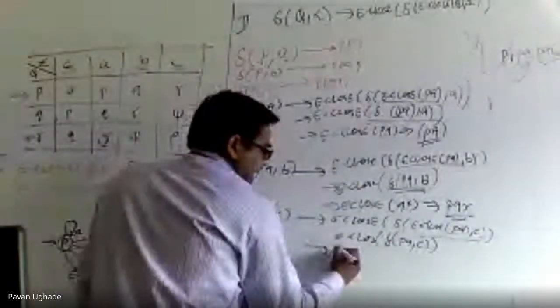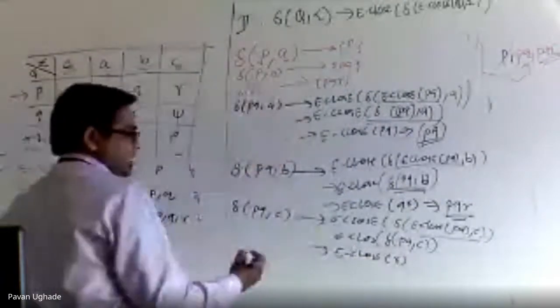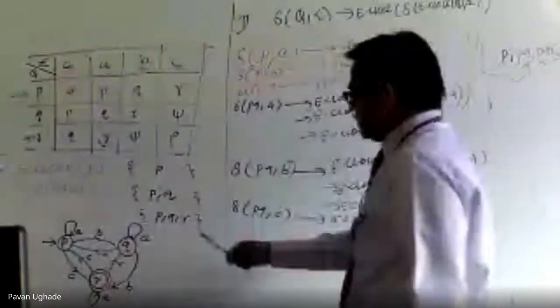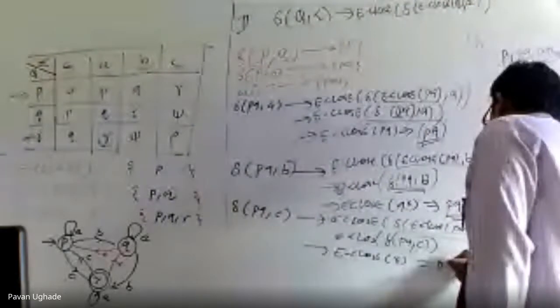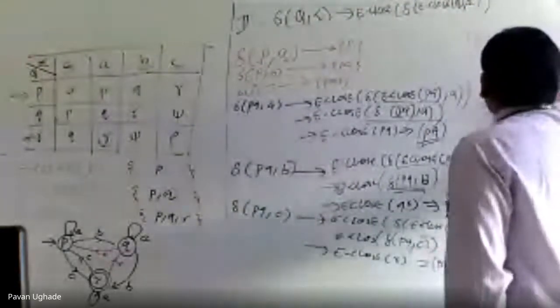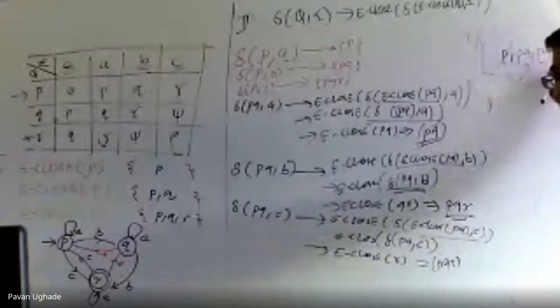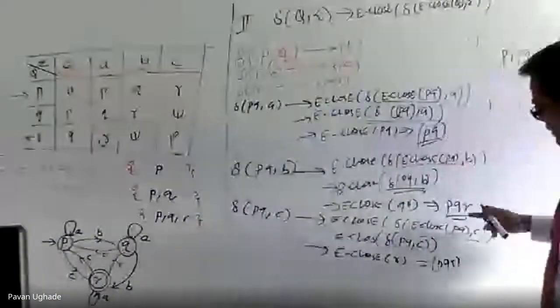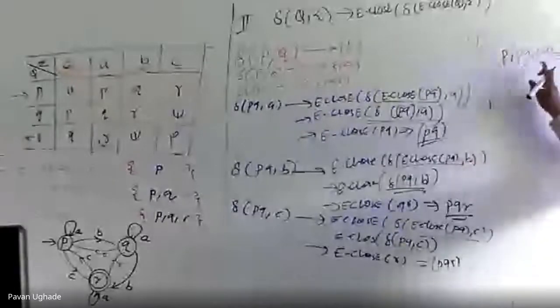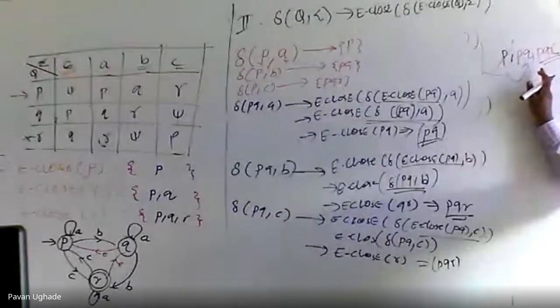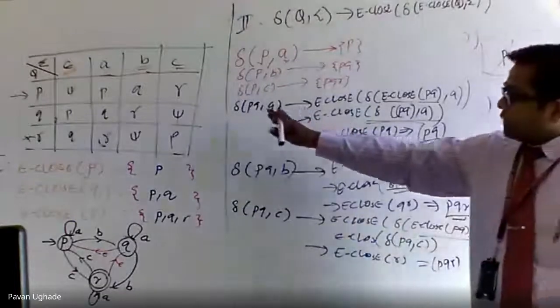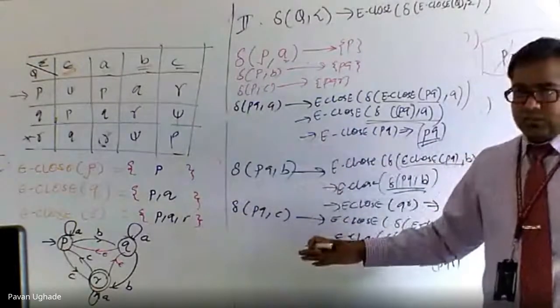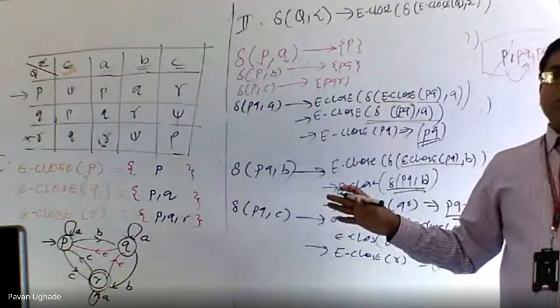So I will write epsilon closure of R only, since R union phi is R. The epsilon closure of R is PQR, which is already available in Q, so no need to add further. We did not get any new state to be added into Q. So PQ is also processed on A, B, C.